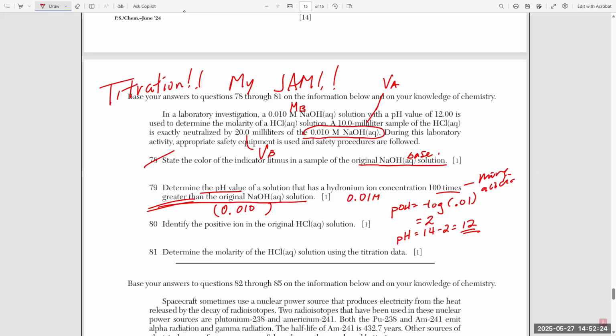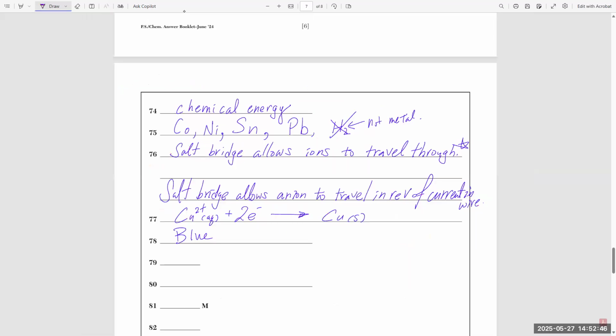That means which way is pH going? It's going down. If you haven't figured that out in class, remember every single time pH changes by 1, it's base 10. So 100 times lower would be down 2 clicks in the pH meter, which would give you a pH of 10. Okay? So the answer would be 10.